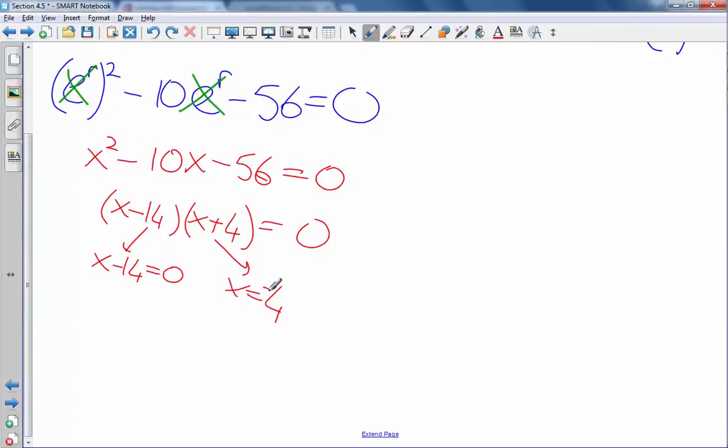This is minus 4, right? And actually this is 14. You're done. You have solved this equation, the red equation. Our equation is not that one. You solved, you found x's. They want r's.